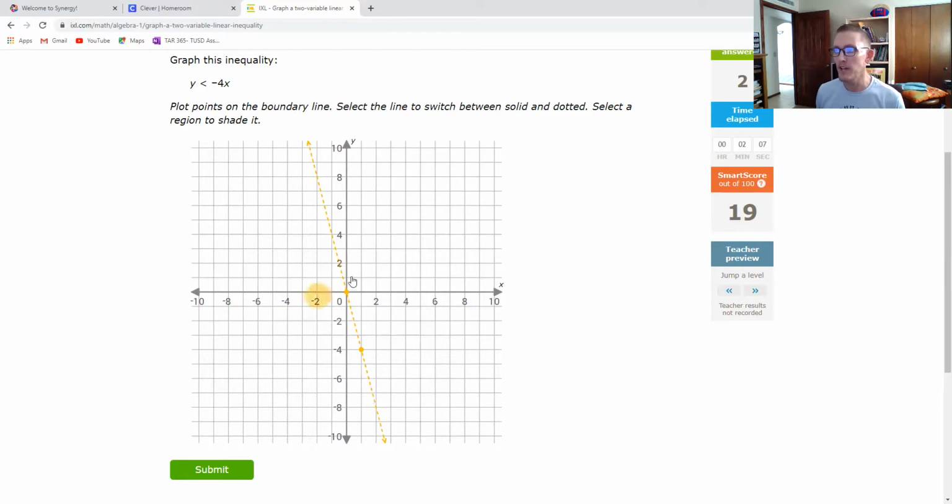And now I have to decide which side to shade. And this is where you either pick a point and test it, or you understand that because y is less than, you already know which side to shade. Well, where are y values less? And that would be as I go down. So from the line below it, that's the area to shade.